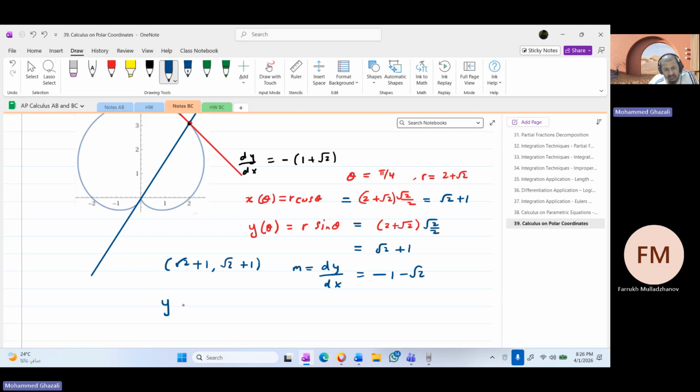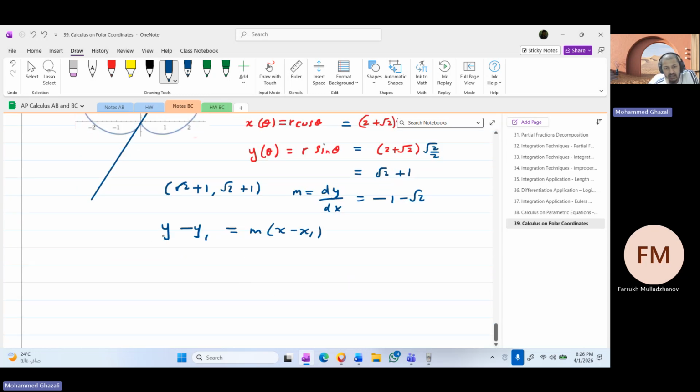Now you can just say y minus y1 is equal to m times x minus x1. What's y1? Take the y1 over and simplify. M is negative 1 times (1 plus root 2), which is better to write out like that, times x minus x1. What's x1?